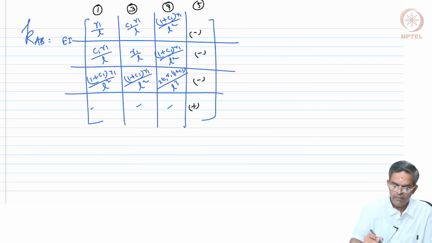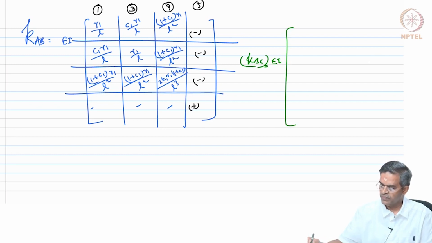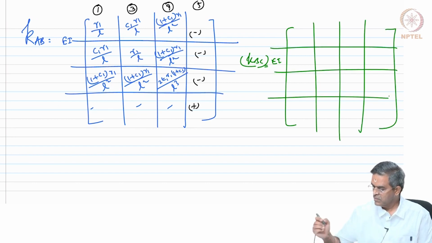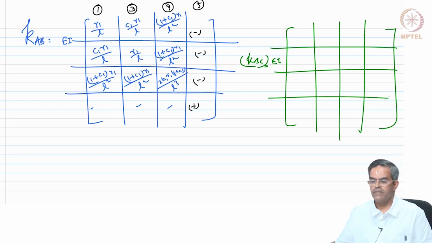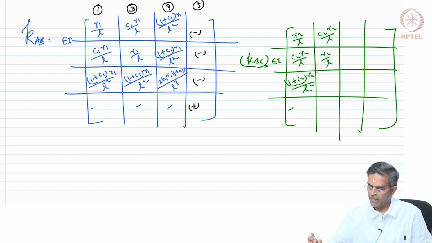We can also write quickly for the member KBC, which is going to be E times of R2 by L, C2 R2 by L, 1 plus C2 of R2 by L, minus of this, L square, C2 R2 by L, R2 by L, 1 plus C2 of R2 by L square, negative of this.